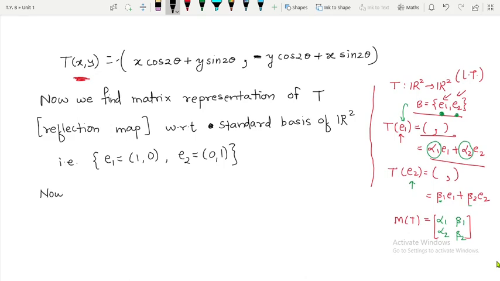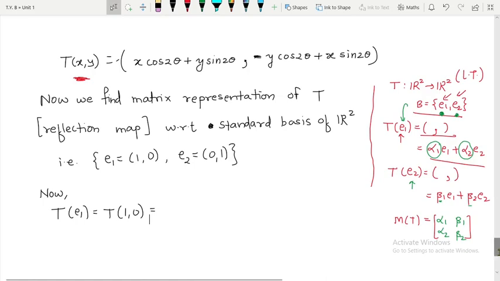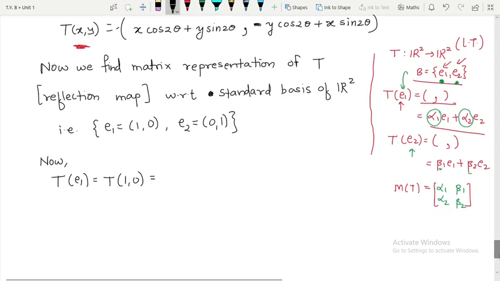So now what will be my T of E1? My T of E1 will be T of (1, 0), which will be equal to, so you are supposed to put x equal to 1 and y equal to 0. So if you put x equal to 1, the first coordinate will be cos 2 theta. Since y is 0, this term is going to be 0. So comma, what about the second coordinate?